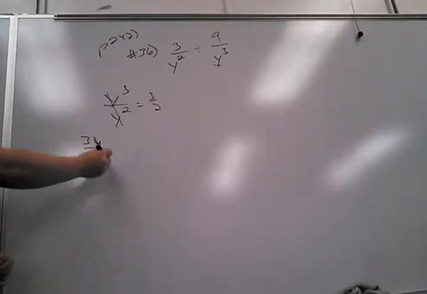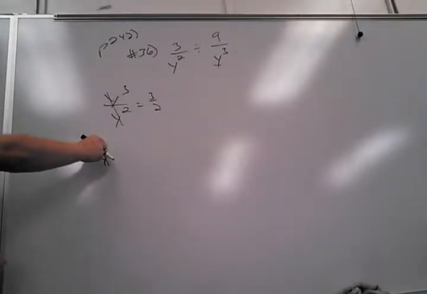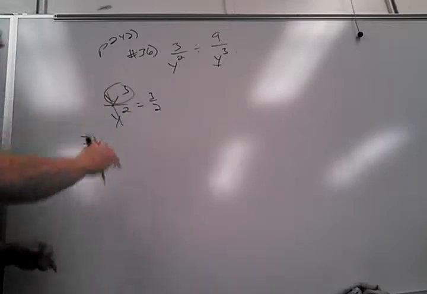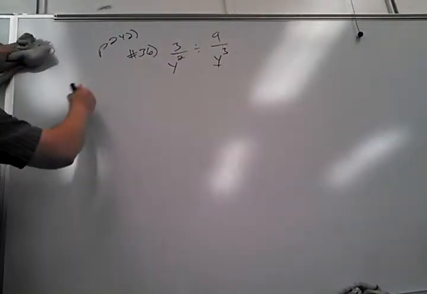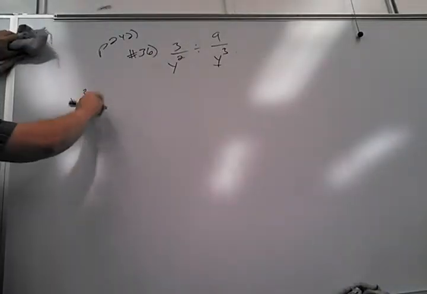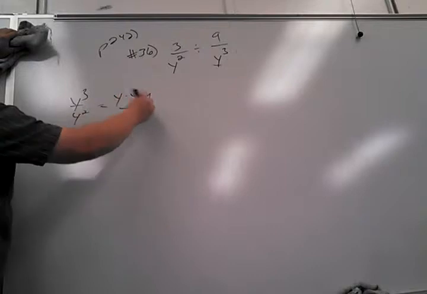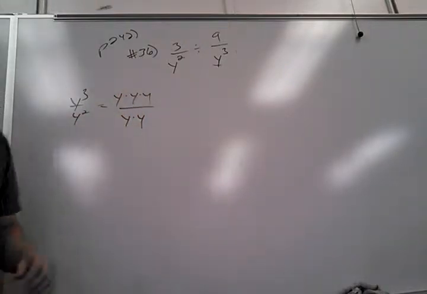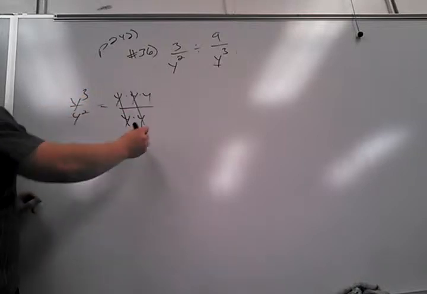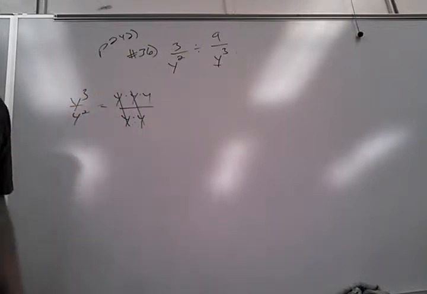Because then these y's would cancel. Because I have 1y and 1y. This, what do I have to do with that to really see what dies? If I have y cubed over y squared. 3 times y. Y, y, y, and y, y. 2y. So that's one. Bam, bam. 1y. Good. Good.